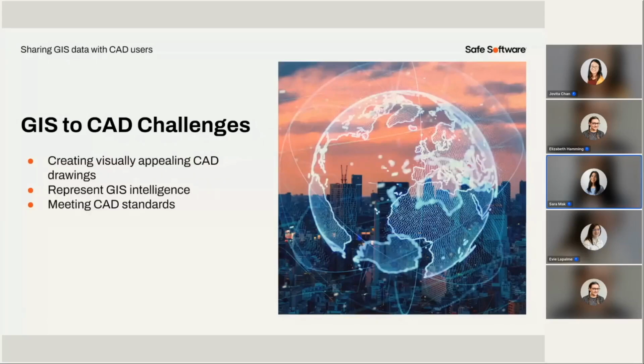So this might be things like coordinate systems. CAD data also needs to meet certain standards a lot of the time. Like how we saw in the previous CAD validation demo, there are restraints and certain things that need to be structured or stylized properly, and that's why it's important to take care when you're moving from GIS to CAD.